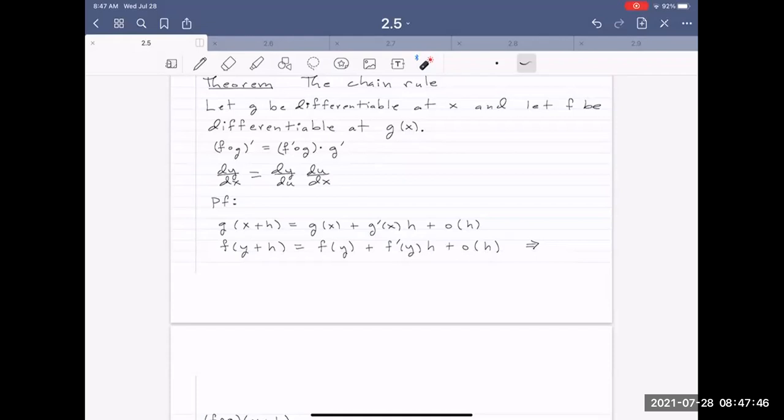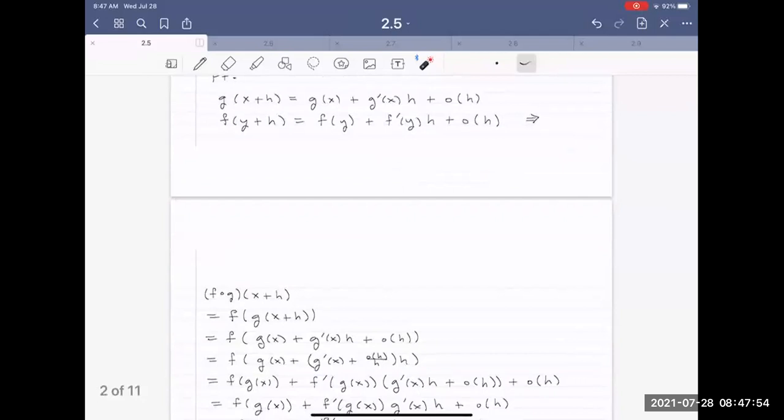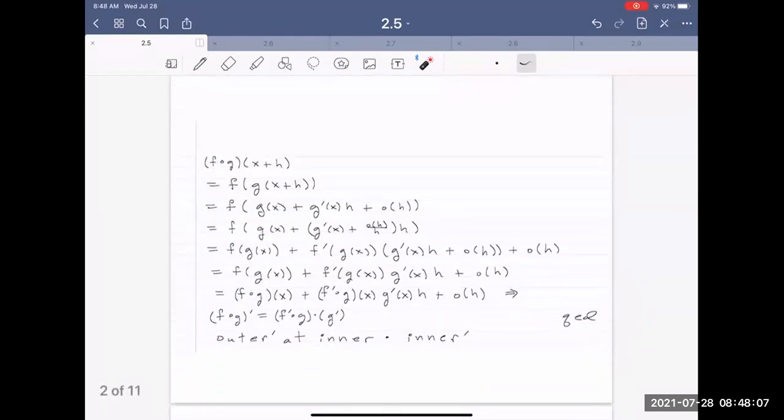Now, let me just collect everything together. Let's look at f composed with g at x plus h. By the pointwise definition of composition, this is f evaluated at g of x plus h.